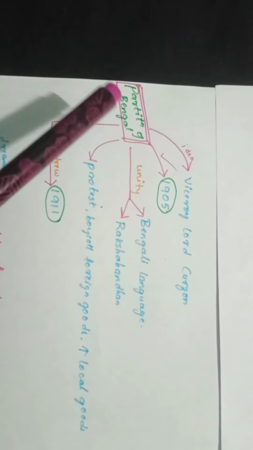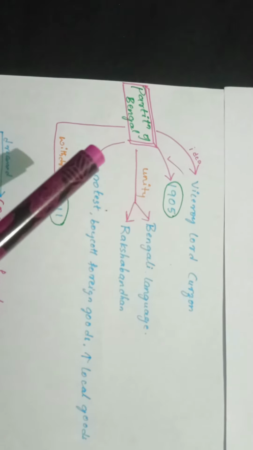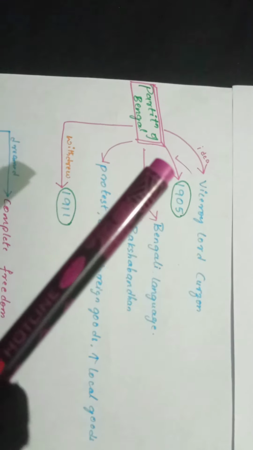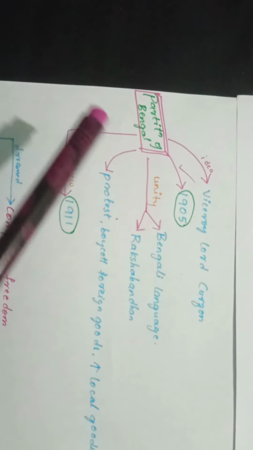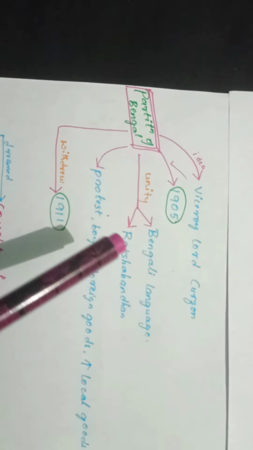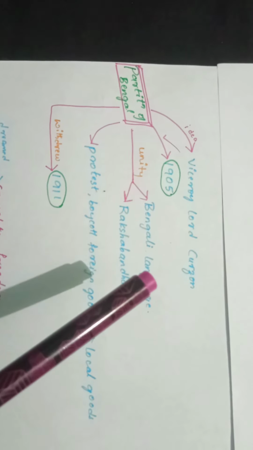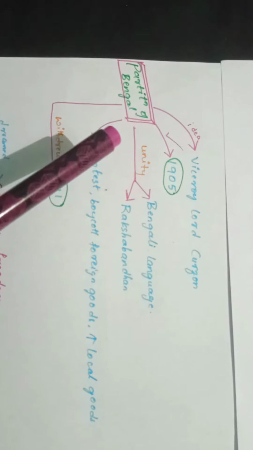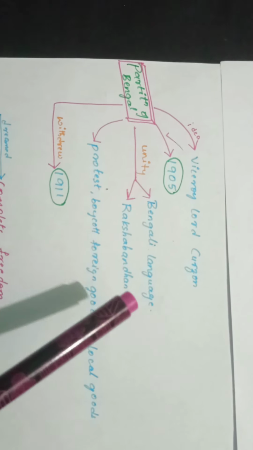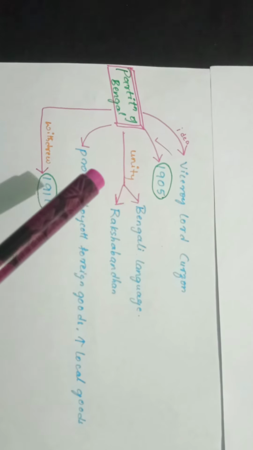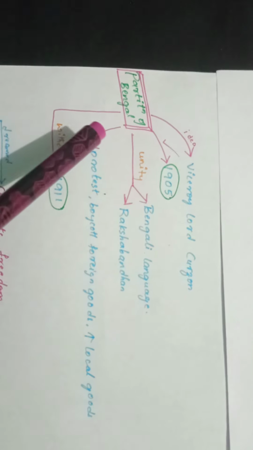When Bengal was divided, what were the factors in favor of uniting it? The common Bengali language, because Hindus and Muslims were divided, so the common Bengali language used to unite them. Even the Raksha Bandhan festival that Hindus and Muslims celebrated together united them.